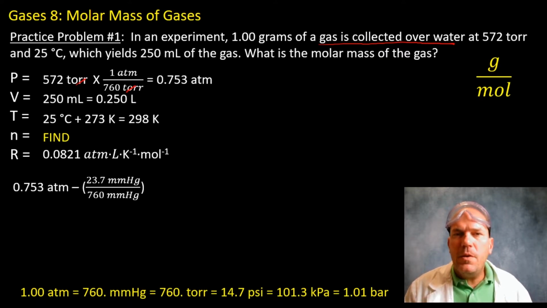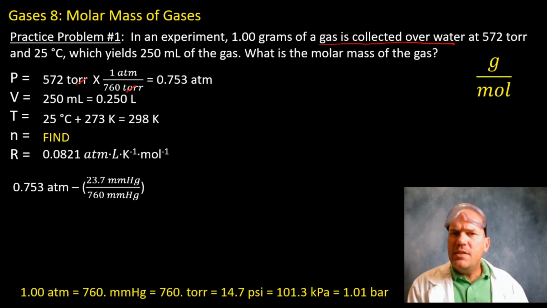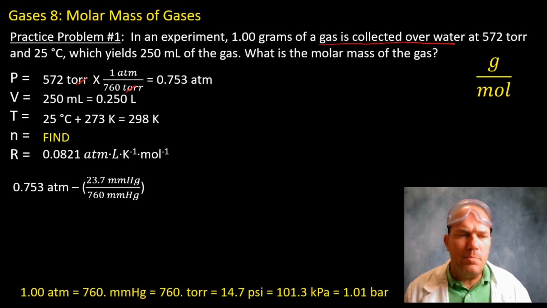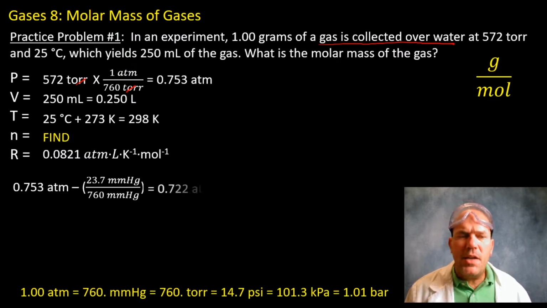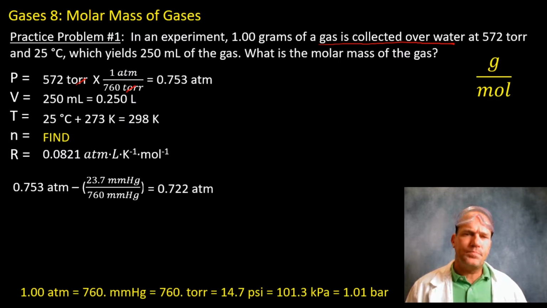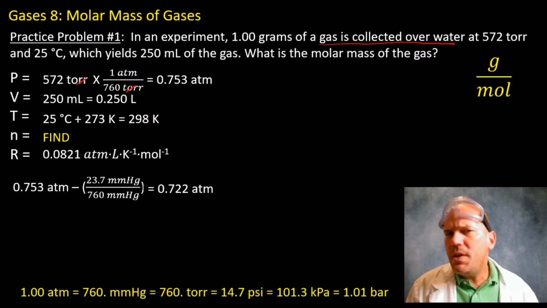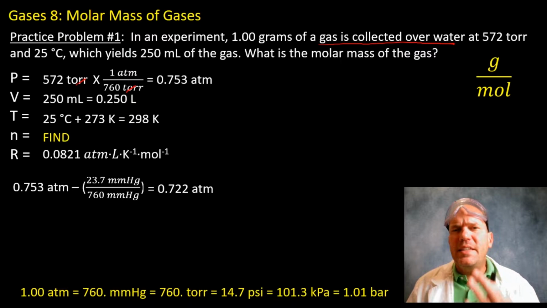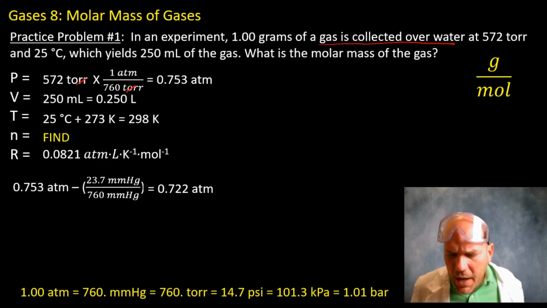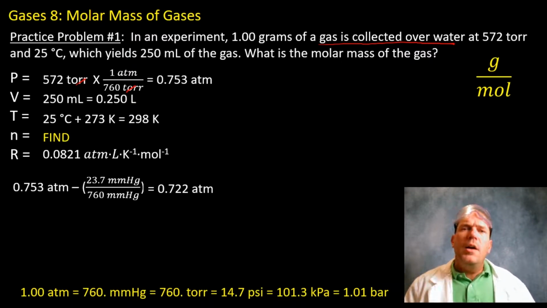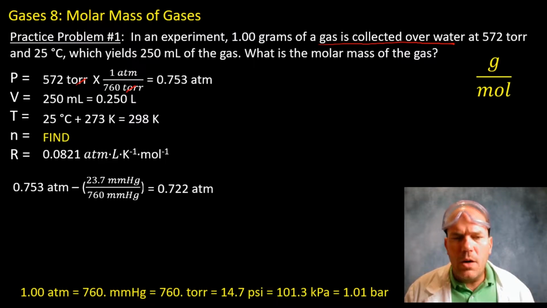Then we're going to convert the millimeters of mercury into atmospheres by dividing the quantity on your table of 23.7 by 760 millimeters of mercury, and that's going to give us our new pressure, that is the pressure only exerted by this gas of interest. So we've subtracted the vapor pressure exerted by the water.